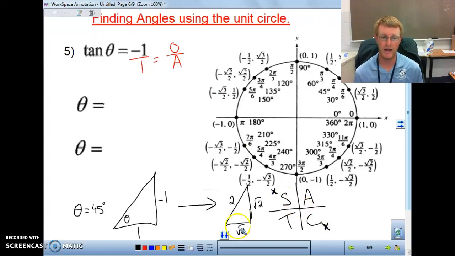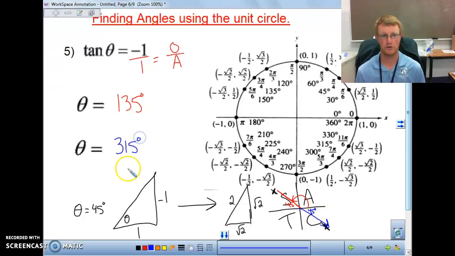So we need to know what angles will be created in those quadrants that are creating reference angles of 45. In this quadrant, it would be 180 minus 45, which is 135 degrees. Then we go to our fourth quadrant, and we create another reference angle that is 45 degrees, and that will be 360 minus 45, which is 315 degrees.